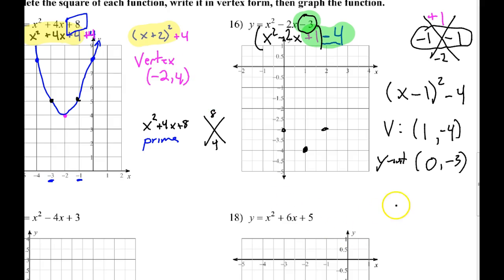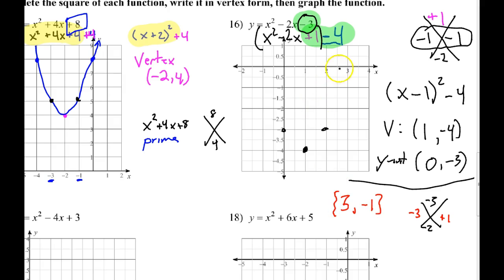What multiplies? We take the original question. What adds to -2 and multiplies to -3? Minus 3 and plus 1. So that means the x-intercepts would be 3 and -1. So here we go, 3, -1.